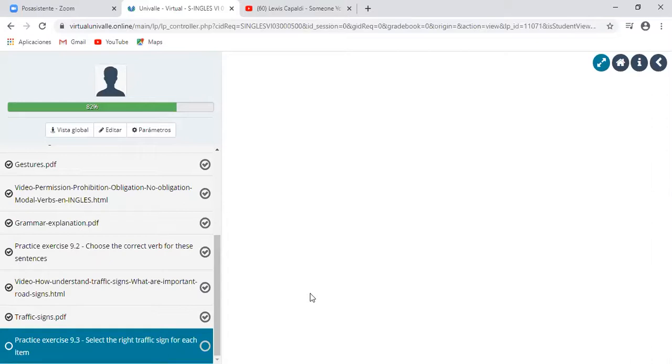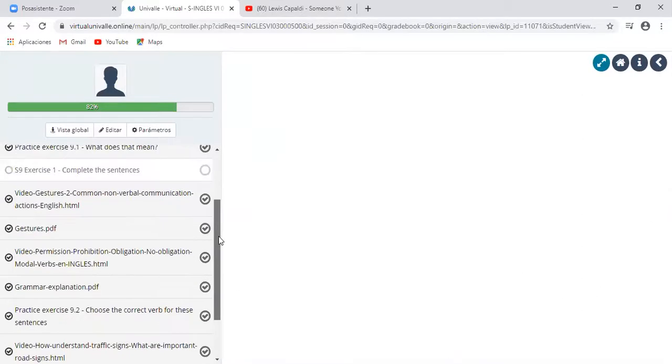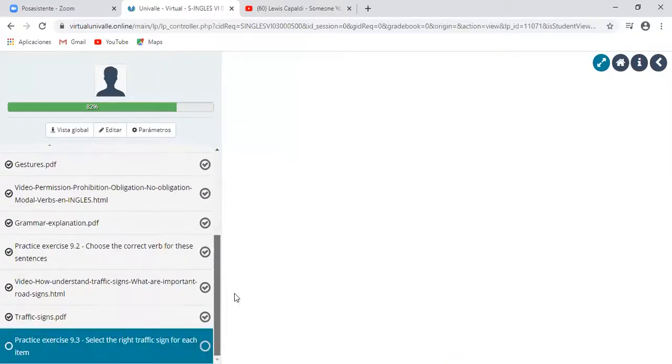It doesn't get loaded in the platform. Let me check. Okay, I think I'm having trouble with my account here in the platform.